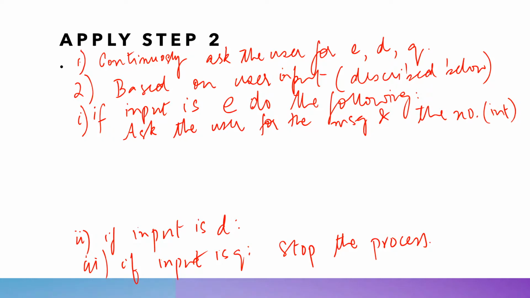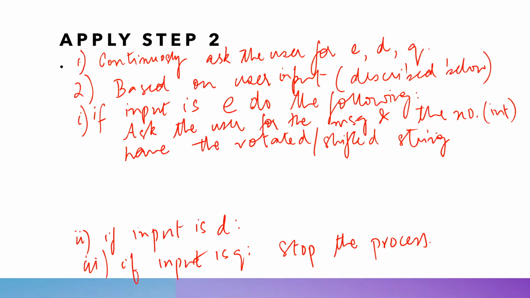Now, based on the value of the number, find its equivalent in the rotated shifted string. So maybe have the rotated string ready first, right? So have the rotated or shifted string ready, because this is what we did when we were talking about a word, how this got converted to an encoding message.